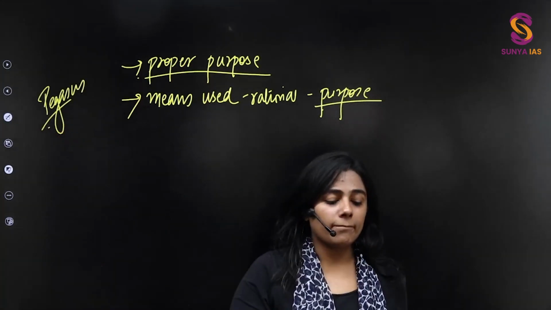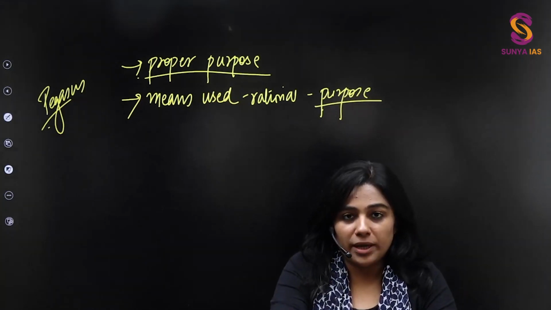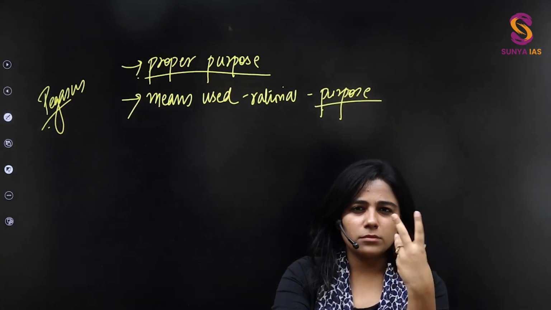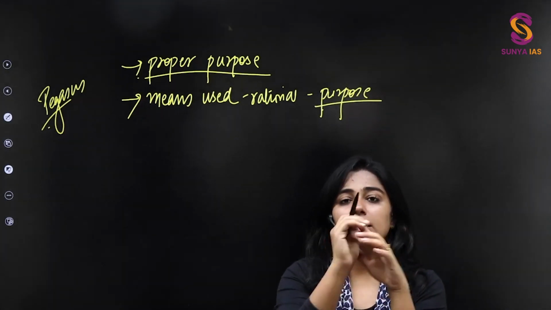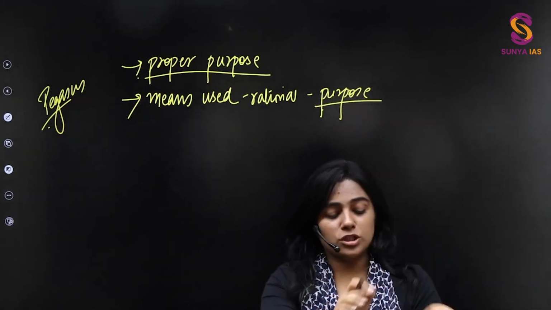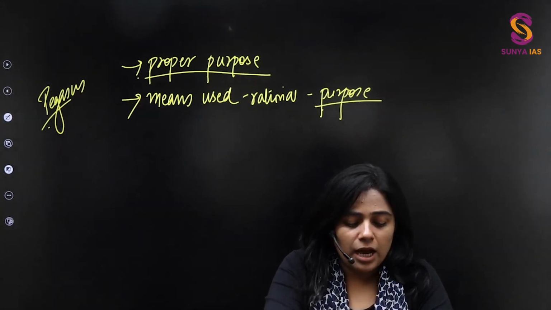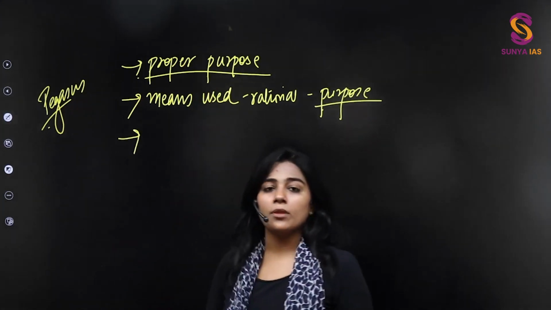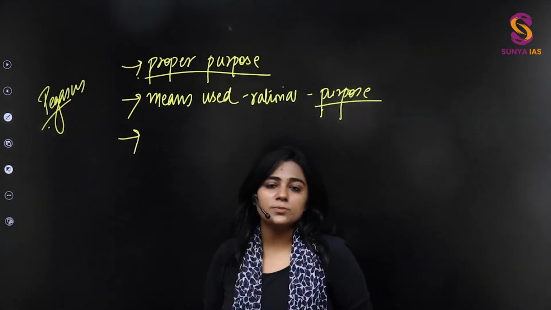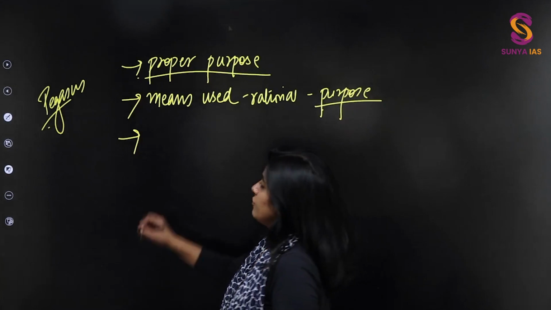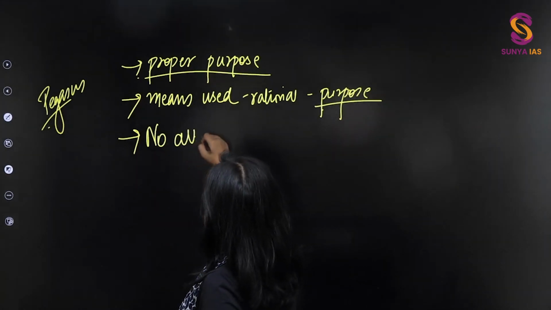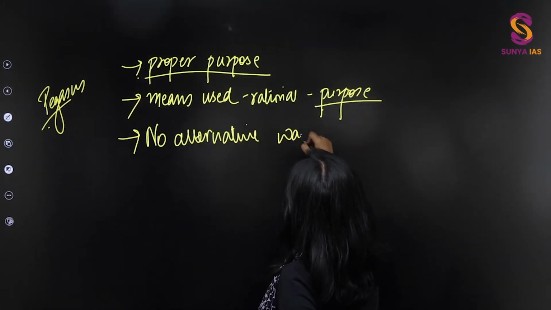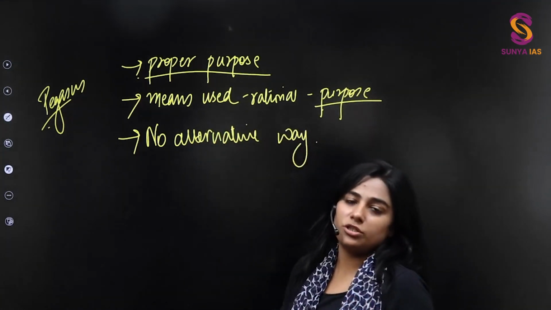So it should not be the case that way, that you want to achieve a small output and you are actually overstretching your powers in the name of achieving that output. The third thing which the Supreme Court said was that sealed cover jurisprudence should only be adopted when there is no alternative measure, no alternative way to achieve what you want to achieve.